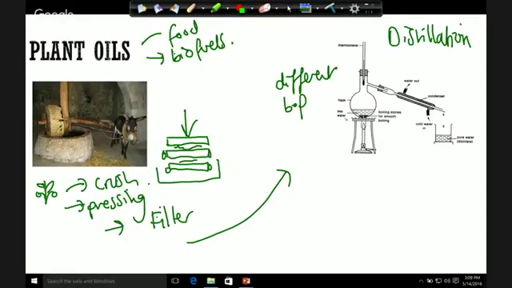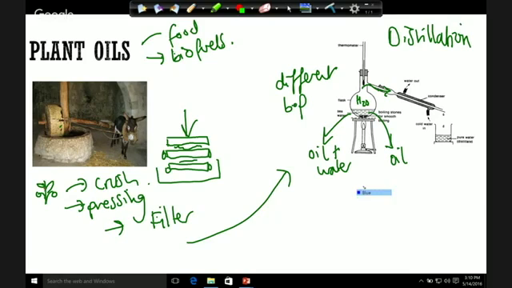So in here, for example, you could have a mixture of oil and water that has come out of the plant that you need to separate, and you would heat it up and you would evaporate the water. That would then cool down and you could collect it off so that you would have your oil in here. So much of this process means that actually you have to purify the oil afterwards.